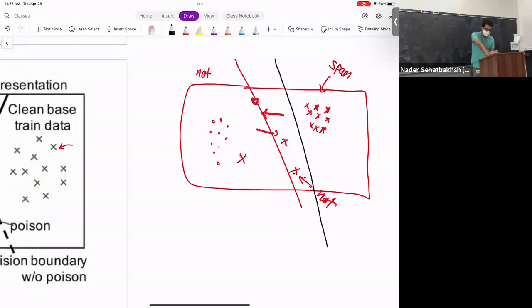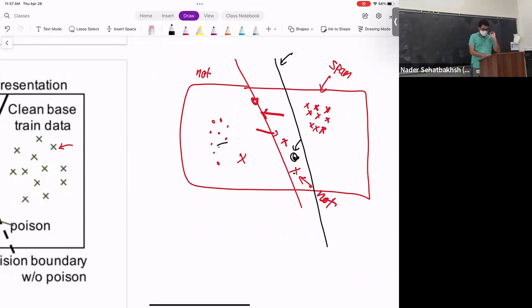Because I need to include this as part of this bunch of guys. And because of this movement of the decision boundary, the next time I send something that is spam as well, I put it here. Since the decision boundary still thinks that this left side is not spam and this right side is spam, this is going to be labeled as not spam, but it's actually a spam record.